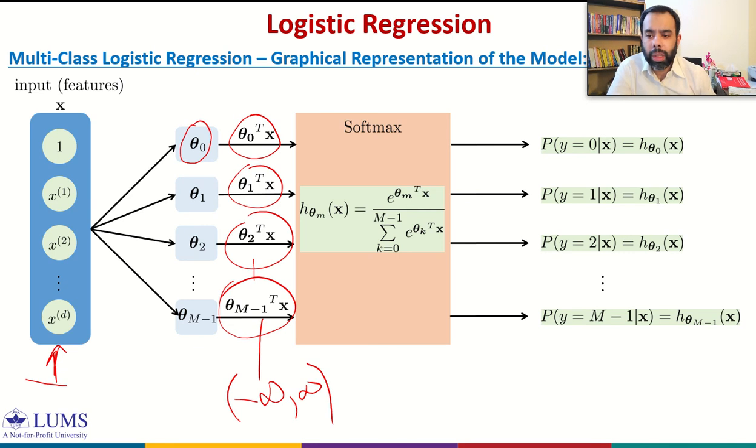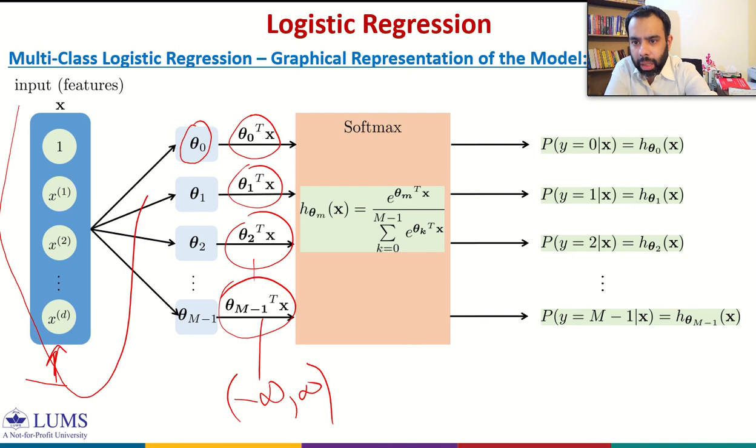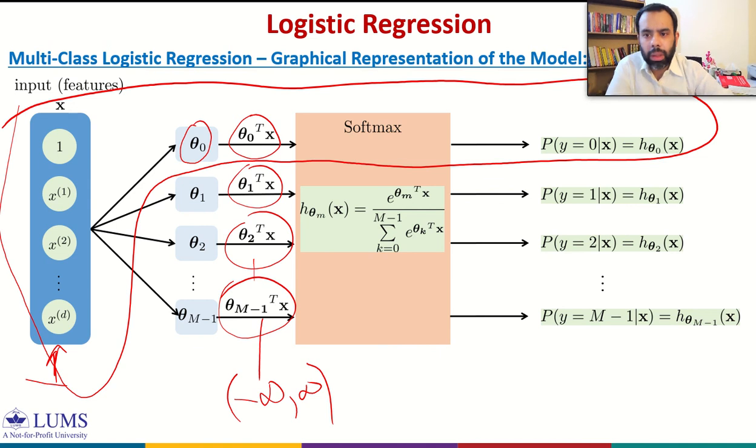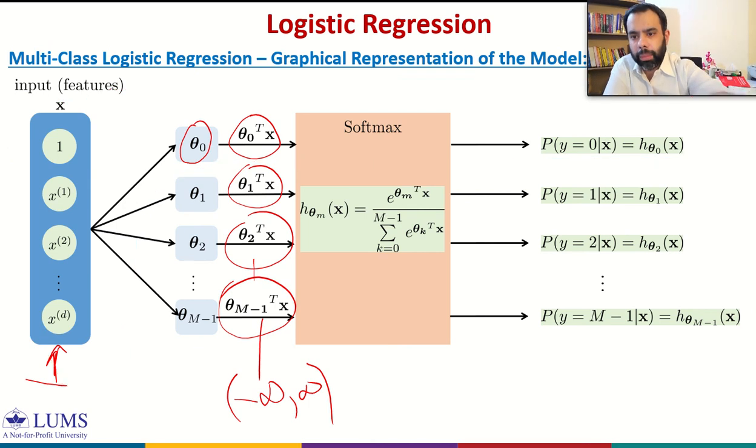If you want to see the binary case here, you only have one theta. If we want to draw the binary case, it is simply this. You only compute one theta 0 transpose x, and you pass it through a sigmoid instead of softmax.